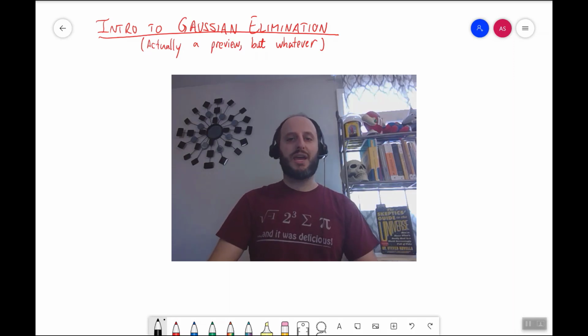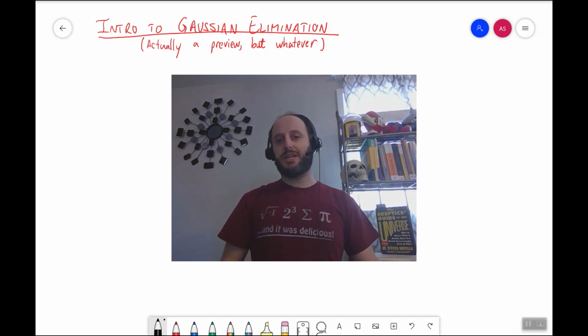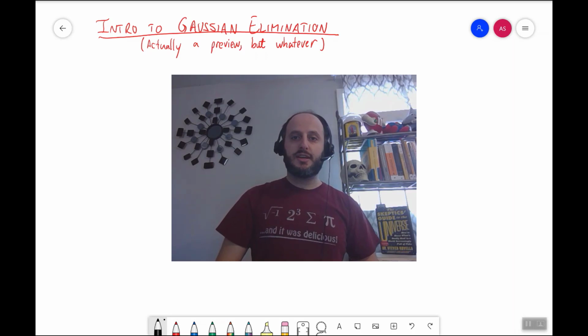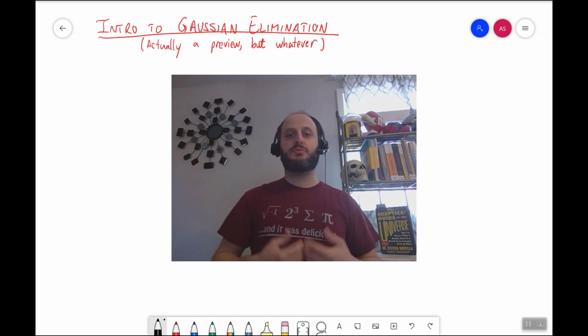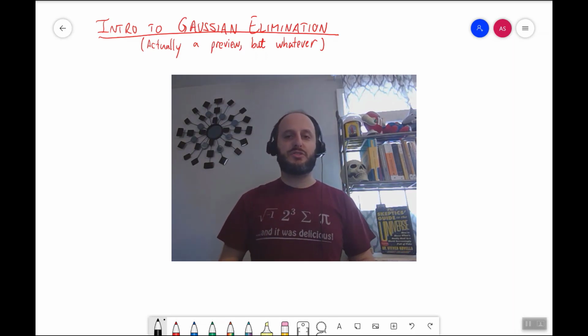There are two main ideas of Gaussian elimination. The first is to use matrices to save time, to speed up the calculations.